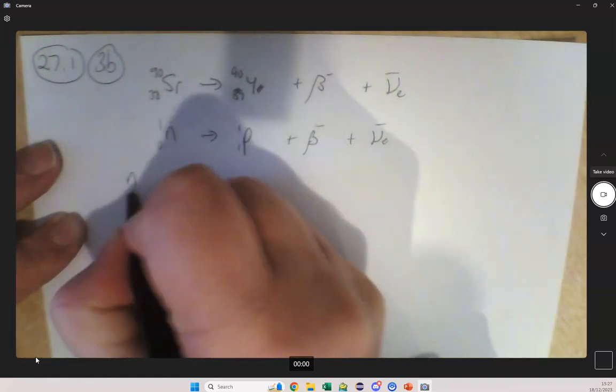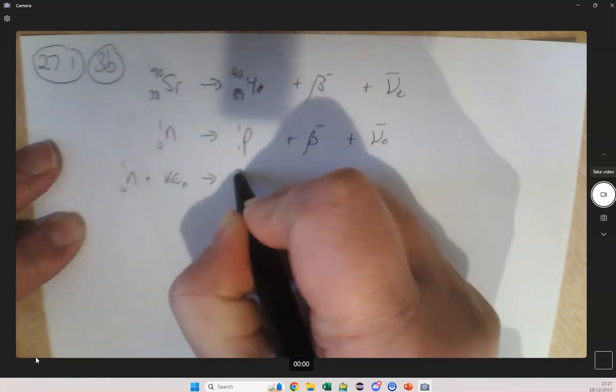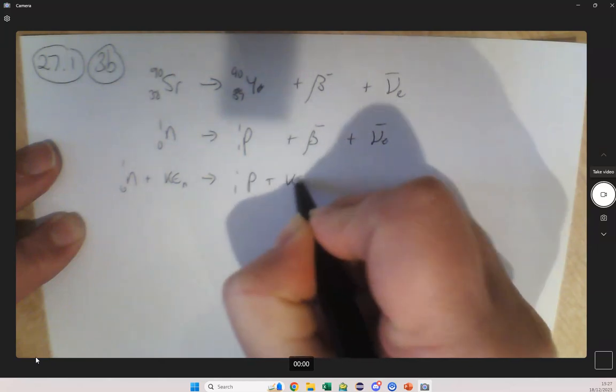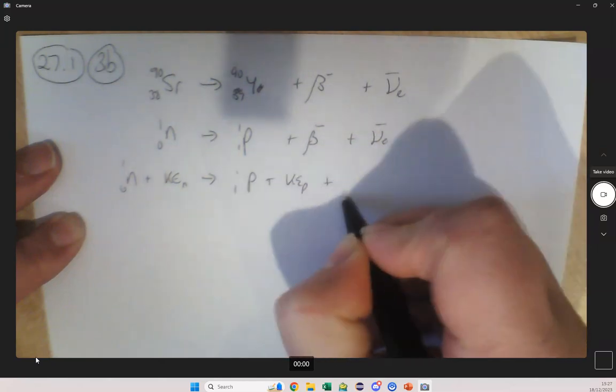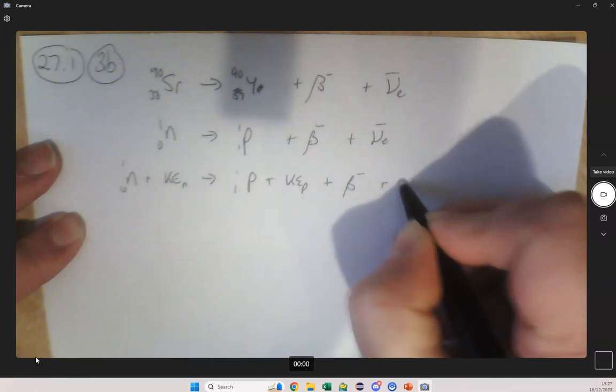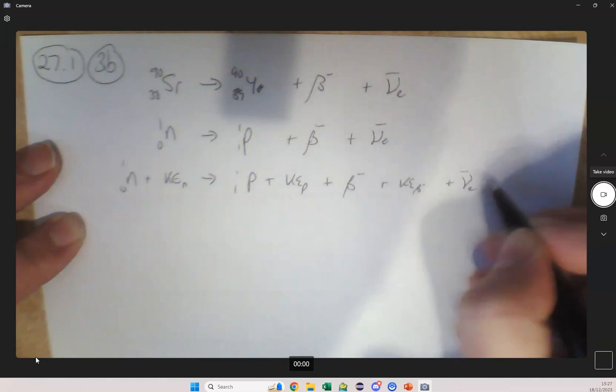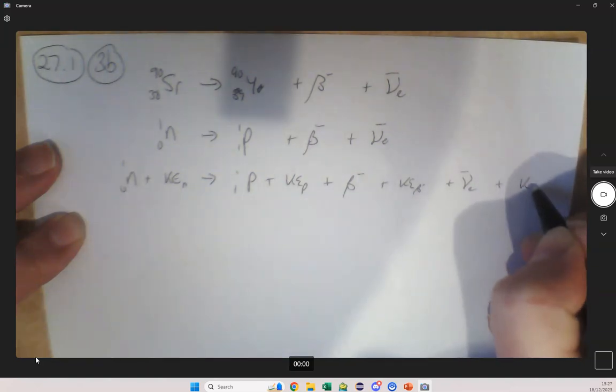So that neutron itself has probably got some kinetic energy, and the proton is probably going to end up with some kinetic energy. The beta particle has some kinetic energy, and the anti-electron neutrino obviously has got some kinetic energy as well.